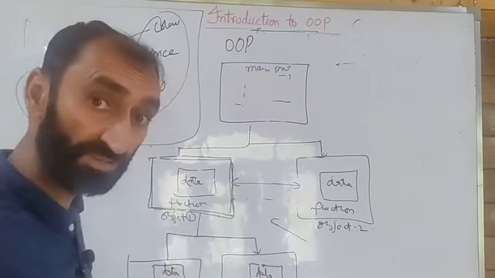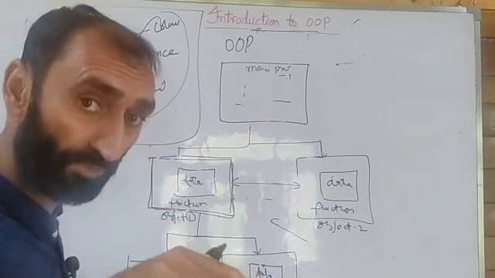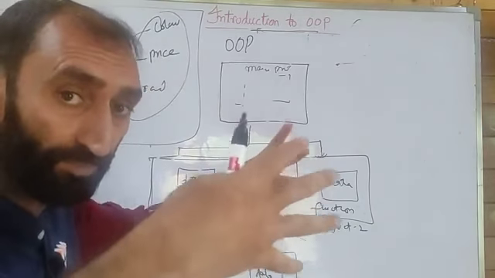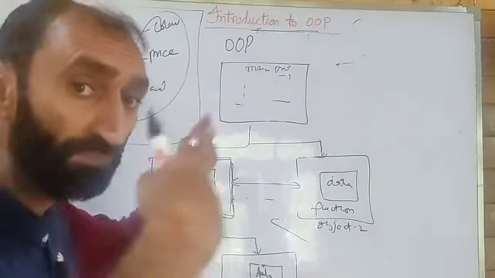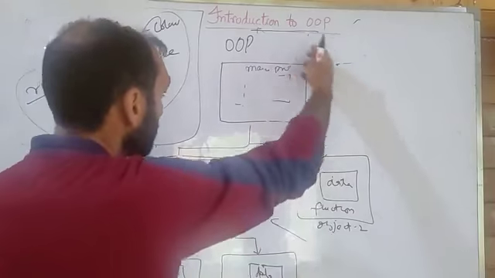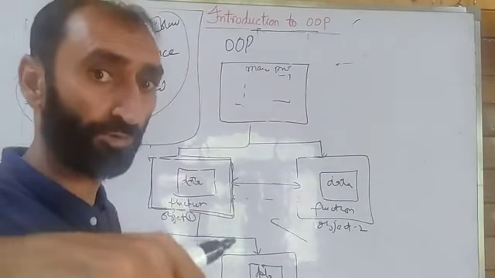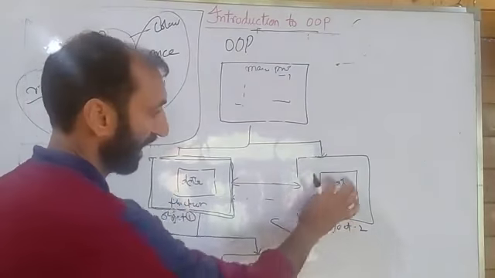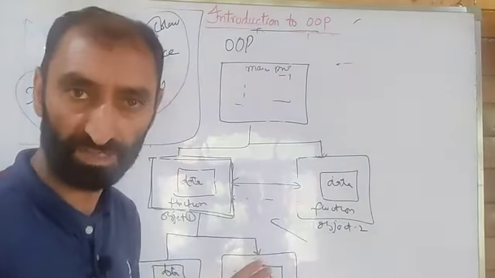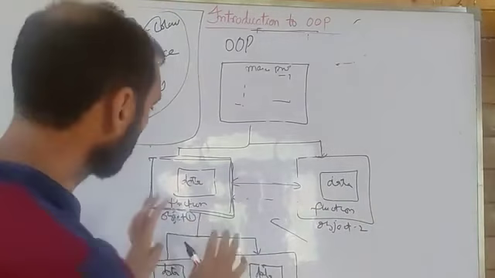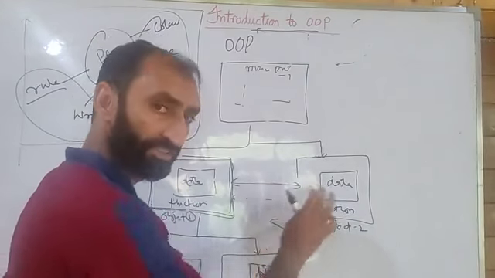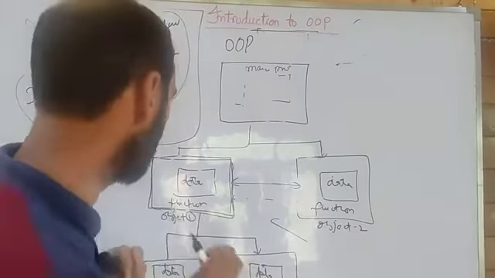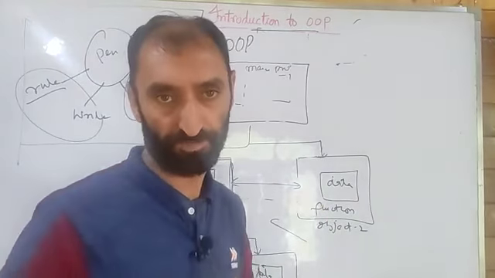But in procedural oriented programming, the functions are very interdependent on each other, because global data is used by every function. Here, every object has its own data. The objects can communicate with each other by using the message passing mechanism.